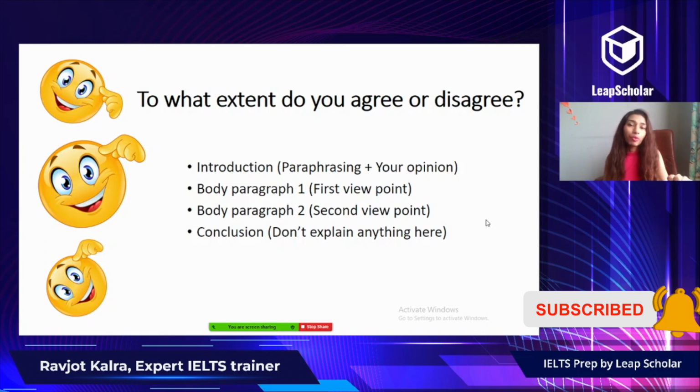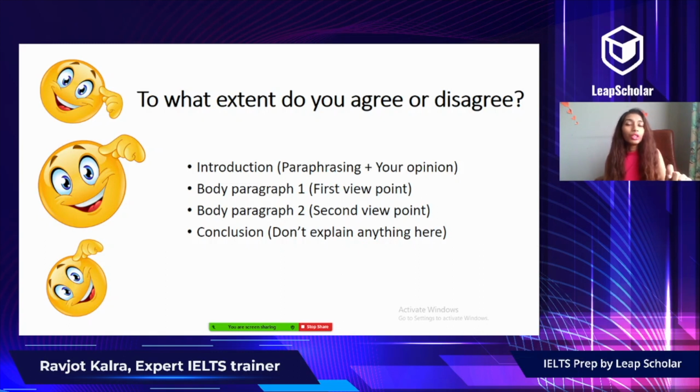In this type of question, you have to think whether you agree, you disagree, or you partially agree. This question, to what extent, gives us a chance to write partially as well. I've already explained how to write an essay on strong agreement, or if you want to completely disagree, you can write that essay, and I've done that in the previous video.